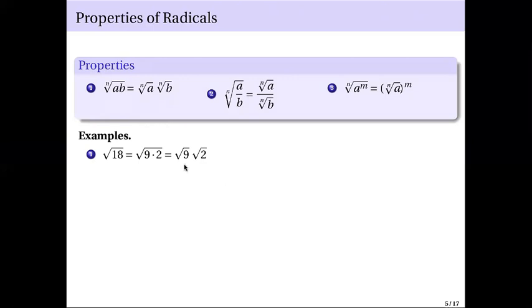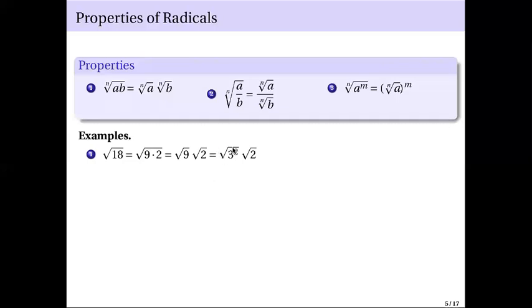But remember, 9, that's 3 squared, okay? 9 is equal to 3 squared. And from the remark before, you don't see an index, it's automatically 2. Okay, you don't see that index, it's automatically 2.